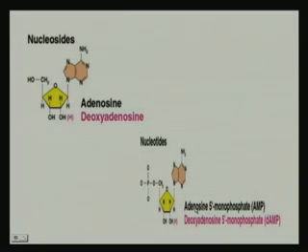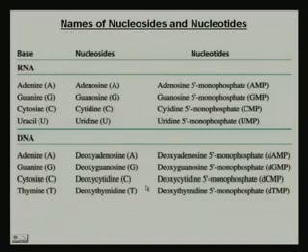So, it is called adenosine 5 prime monophosphate. That means to the 5 carbon atom this phosphate group is attached. Monophosphate, why? Only one phosphate group is attached.